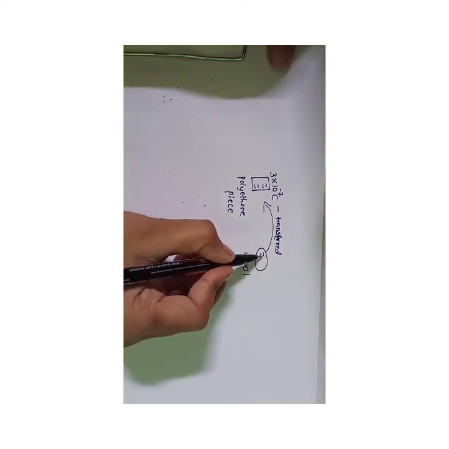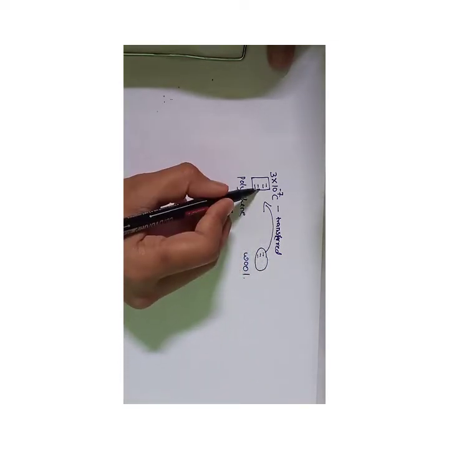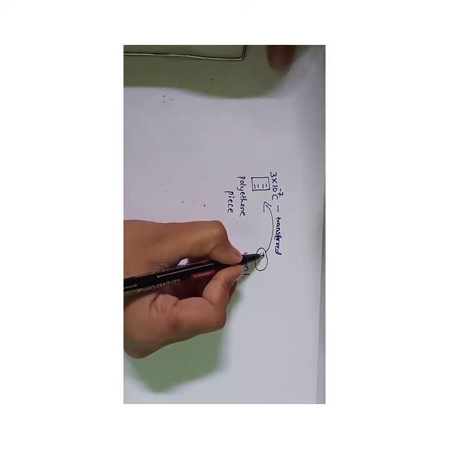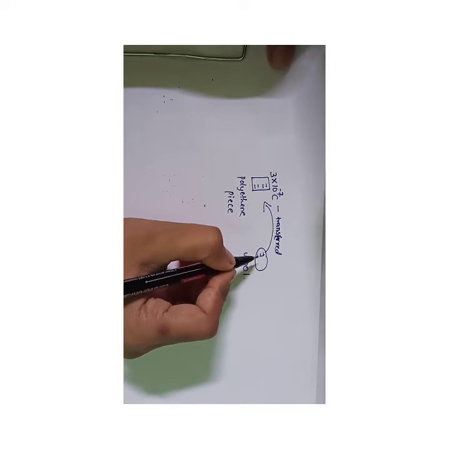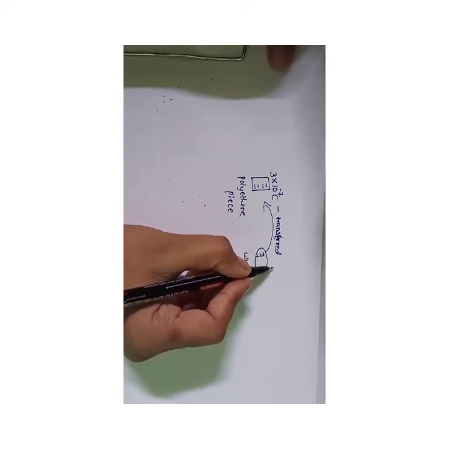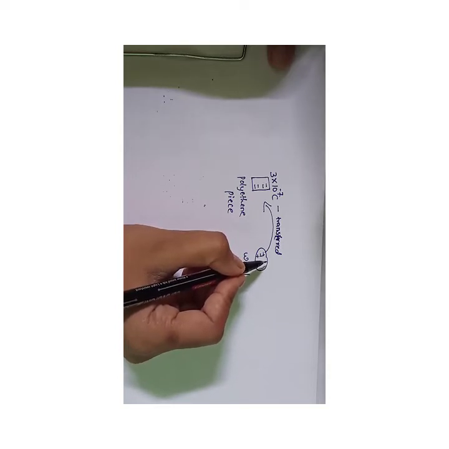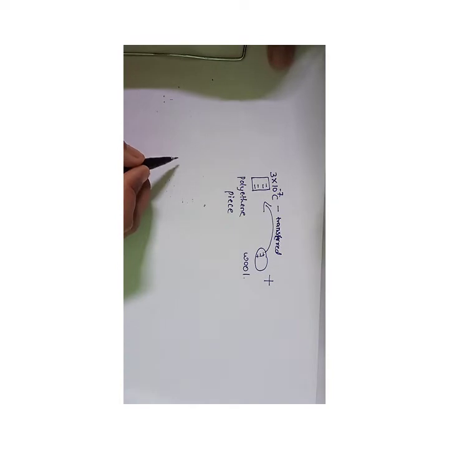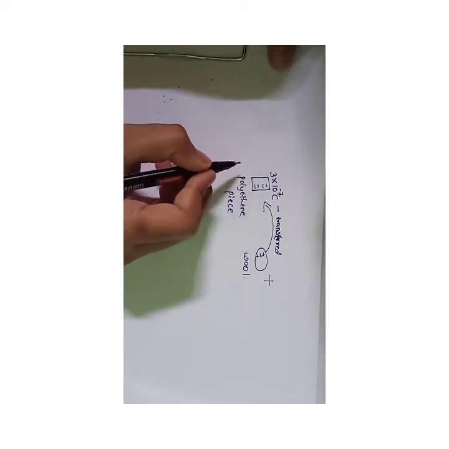Since wool is transferring the negative charges to the polythene piece, wool is becoming rich in positive charge, because as it is losing electrons, it is becoming rich in protons and positive charges. Hence wool has become positively charged and the polythene piece has become negatively charged.